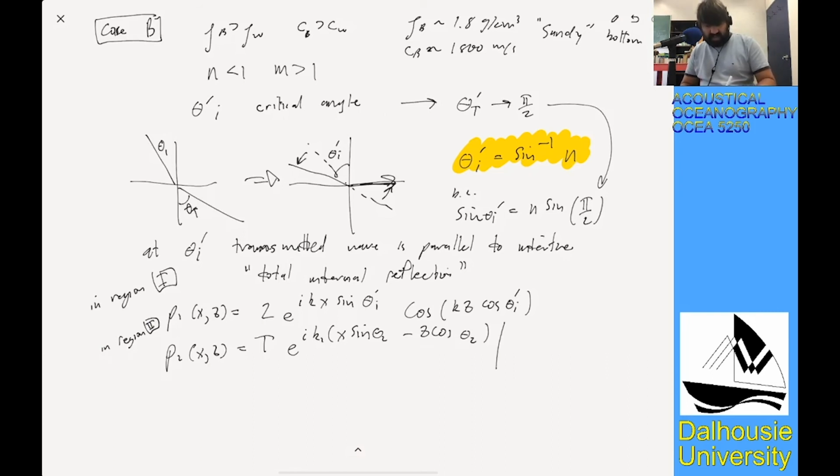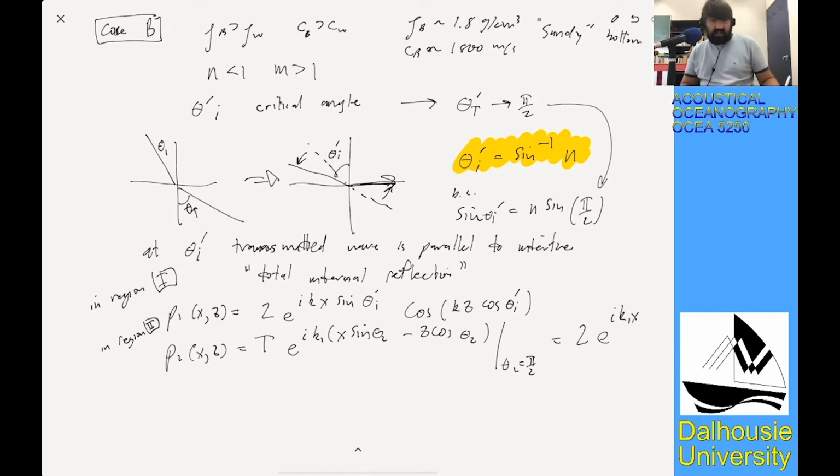And we want to evaluate that at theta 2 equals pi over 2. Well, that simplifies things significantly. We want to say that it's equal to 2e to the i kx.